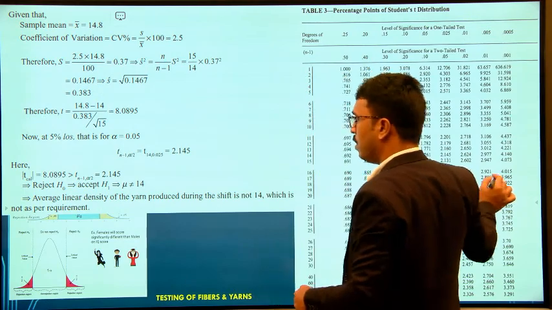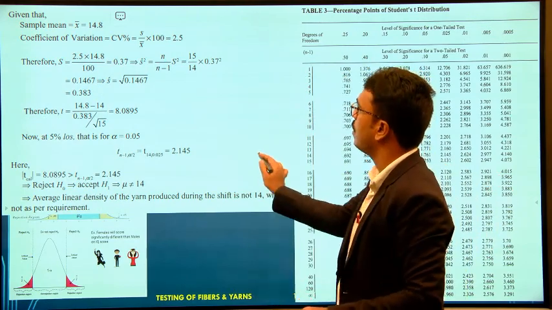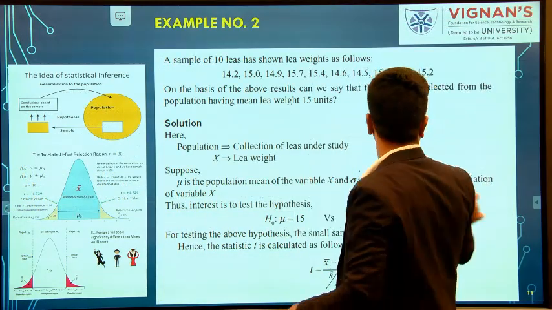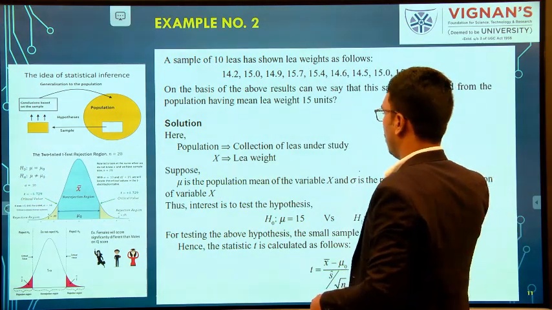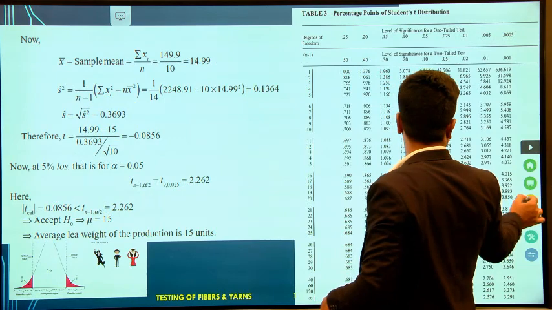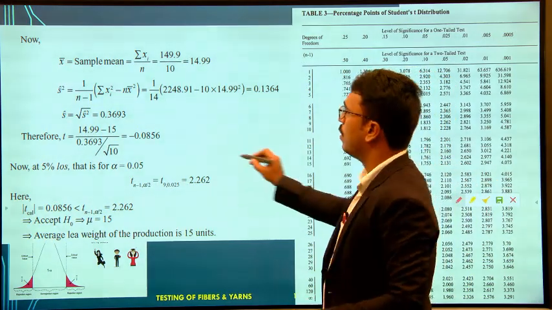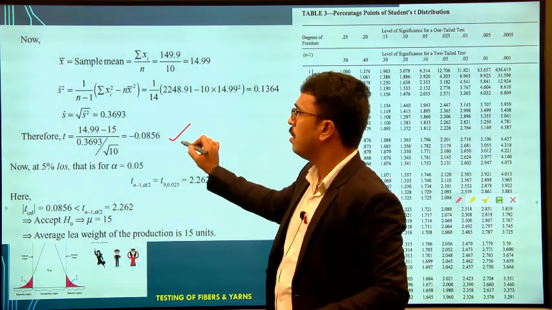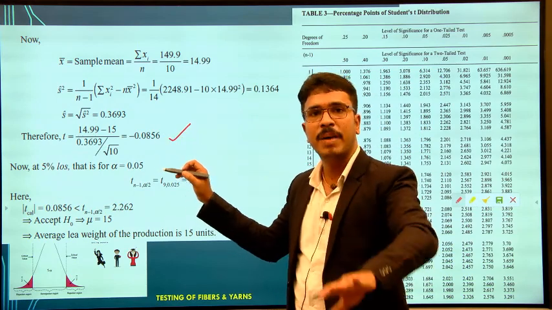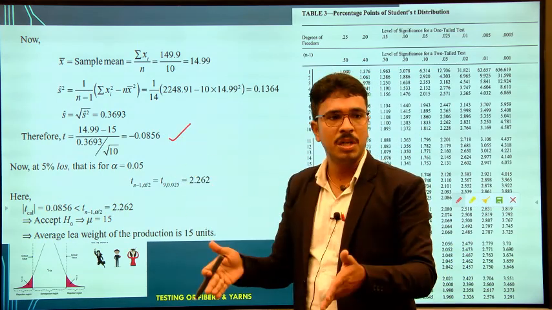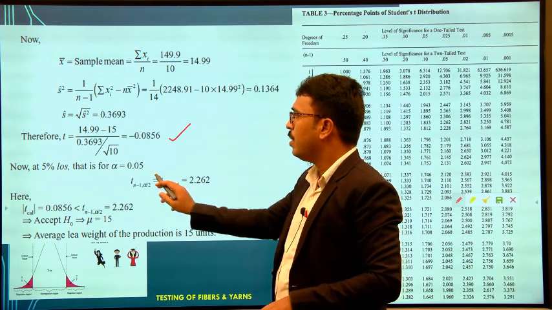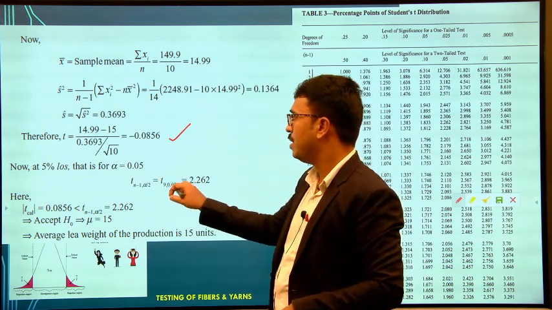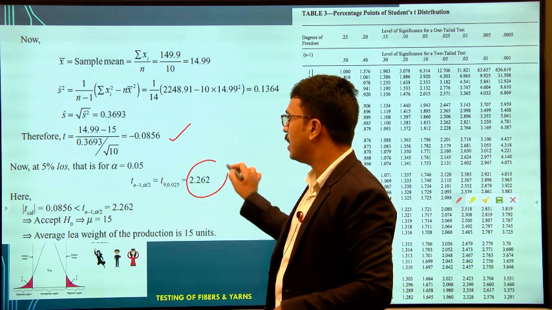Okay, so we are finding out this t value. Even if you are getting it in minus, you have to put the modulus so that it is always plus, and we are using the degrees of freedom and looking at the table.